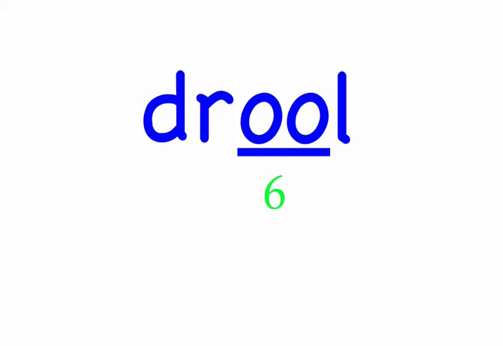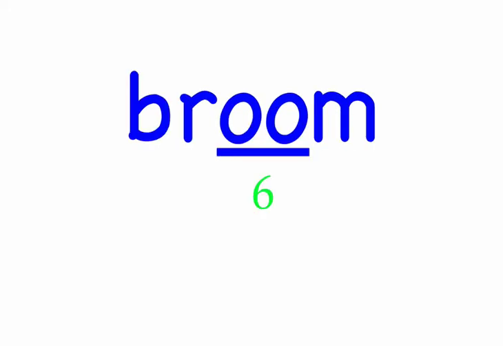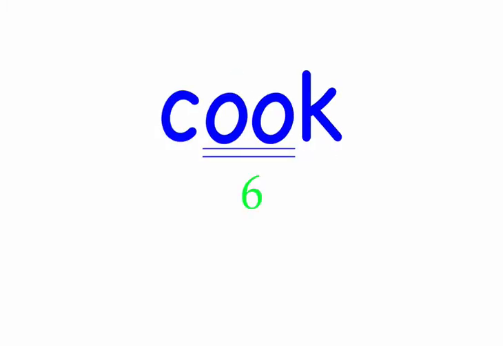Broom, 4 sounds. Cook. I like to cook. Cook, 3 sounds. Here, oo represents its second sound. Haul. I've come to haul the trash. Haul, 3 sounds: h, aw, ul.